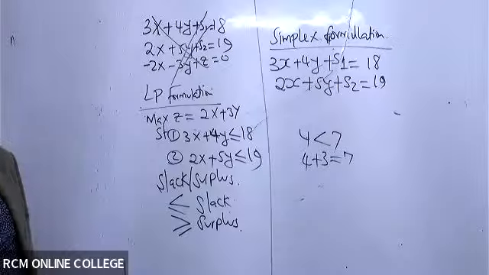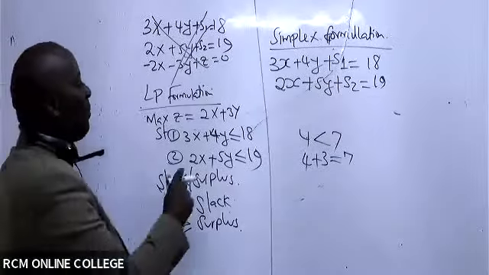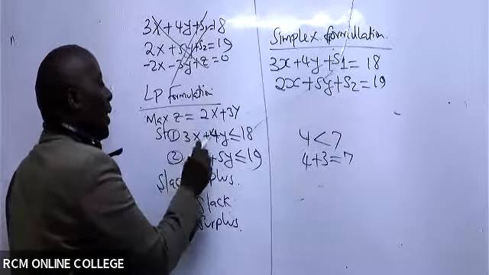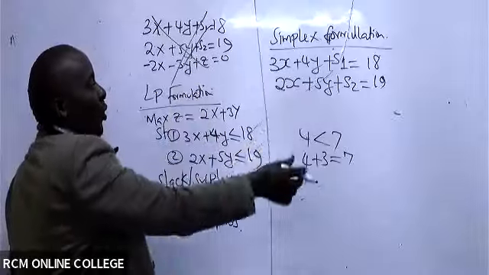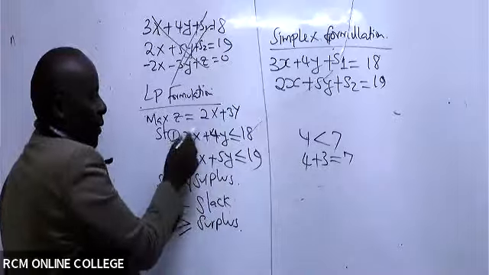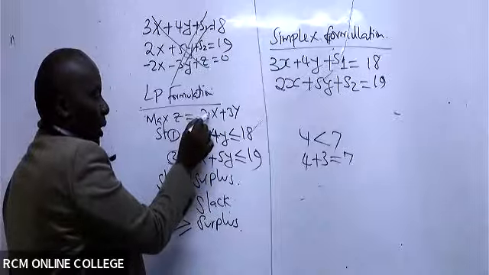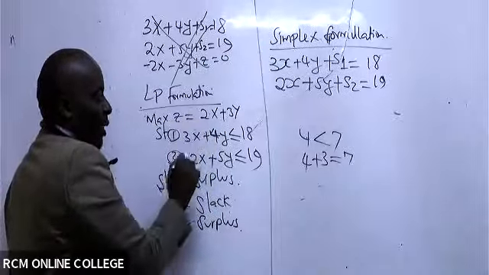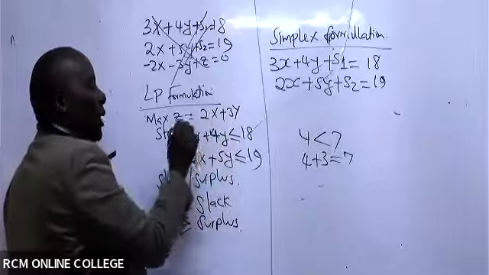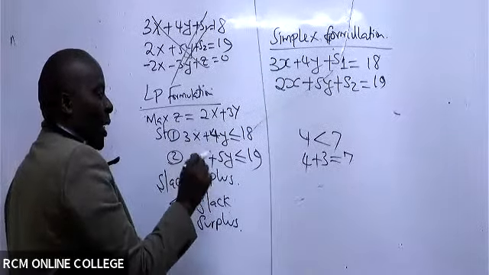So remember, in the z formulation, the z equation must always read 0 on the other side. That means we take these 2x and 3y to the other side. Here they are positives. On the other side, they become negatives.